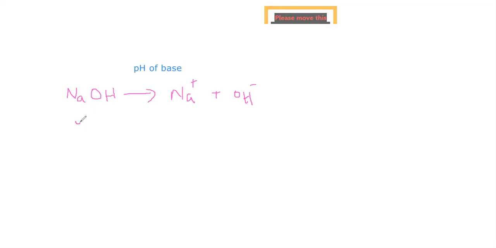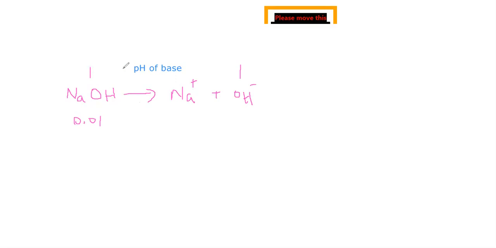Another example is, let's suppose I am taking the concentration as 0.1 molar. Again, if you consider over here, the ratio between the NaOH and the OH is 1:1. One molecule is going to release one molecule of the hydroxyl ion.